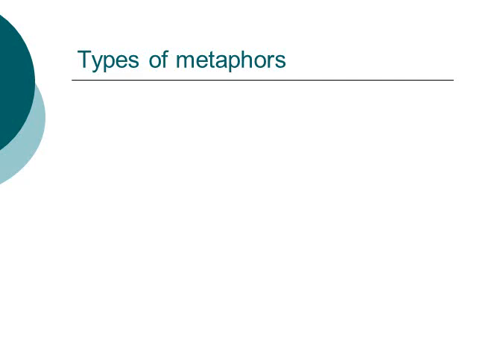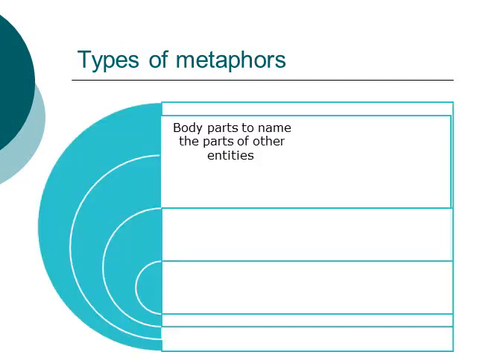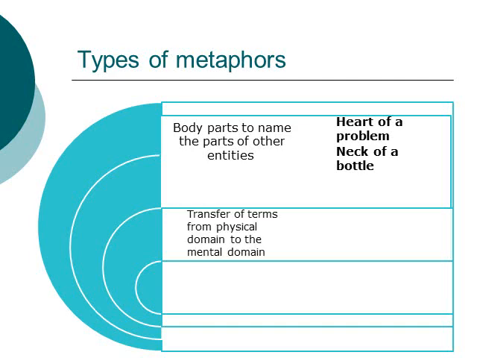The first type of metaphors has to do with body parts, used to name the parts of other entities, like for example, the heart of a problem or the neck of a bottle. The second type has to do with transfer of terms from the physical domain to the mental domain.